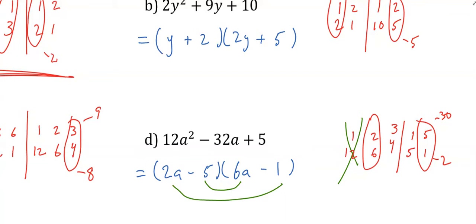I think what you're saying is, can you make the 2 and the 6 negative? Like, instead of 2a minus 5 and 6a minus 1, you're saying could it be 5 minus 2a? No. I'm saying negative 2a plus 5 and negative 6a plus 1.